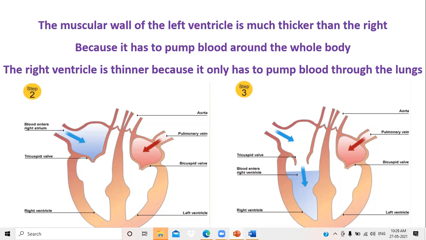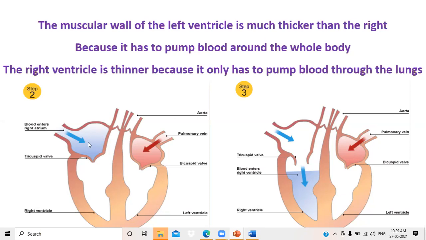So the vena cava is the entrance of the deoxygenated blood into the right side of your heart. It comes from the vena cava into the upper room of the right side of your heart, which we call the right atrium.